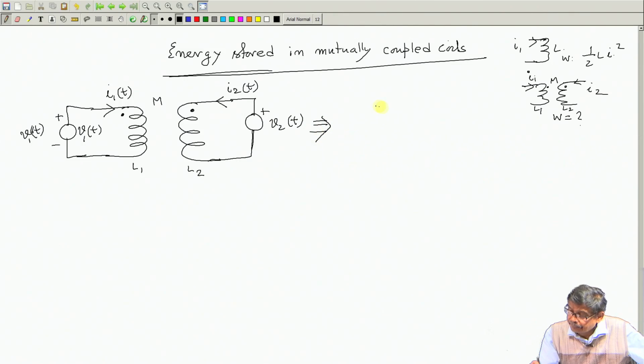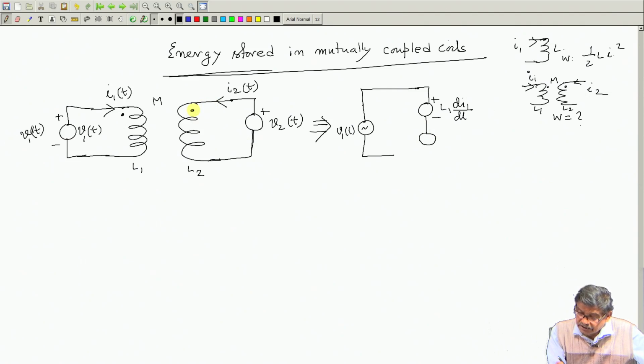equivalent to V1(t) being there, and across which two sources are connected, plus minus, which is L1 di1/dt, and there is another source.